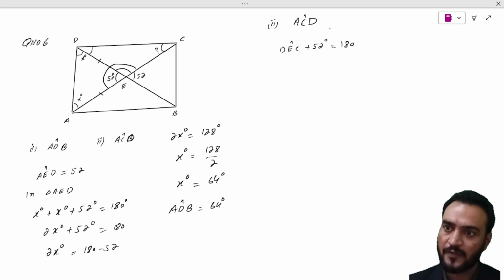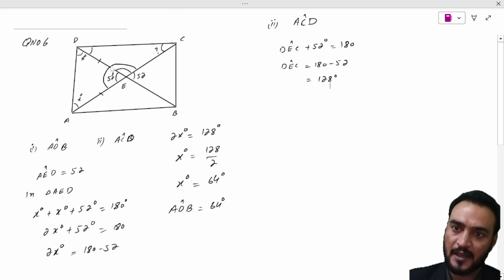Subtracting 52 degree from 180 degree, we get the angle DEC, which equals 180 minus 52, and the answer is 128 degrees. So this angle is equal to 128 degrees.